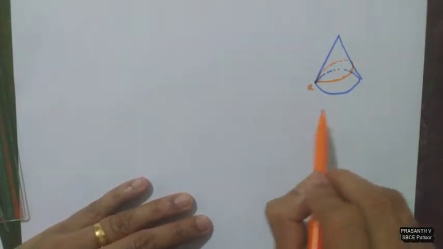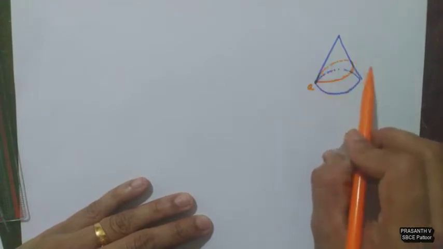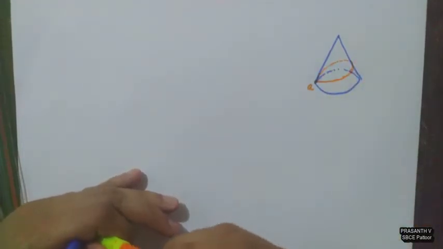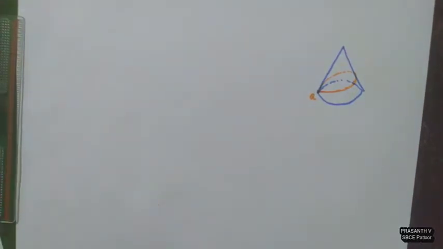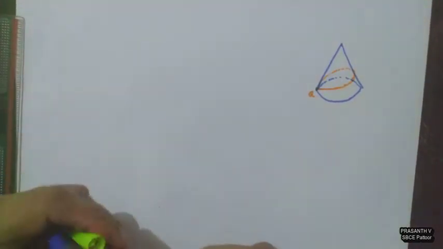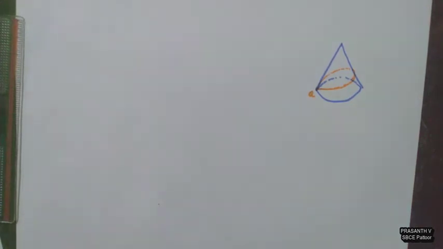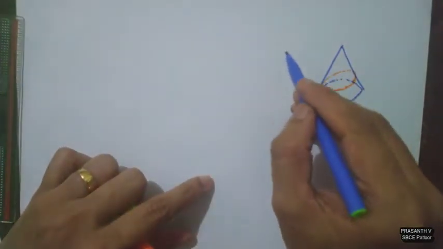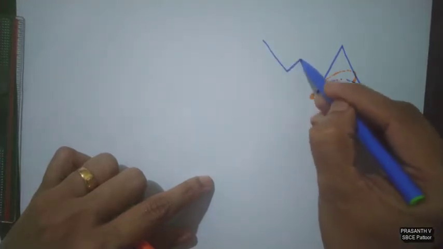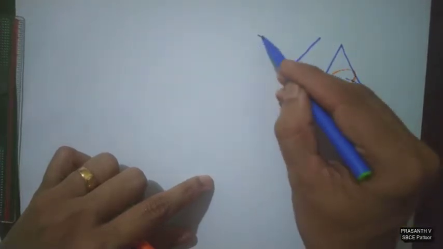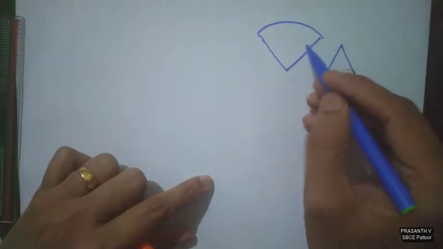For that, we have to draw the development of the cone, and the shortest path will always be a straight line in the development. If I draw the development of the cone, as I said earlier, it will be like this.